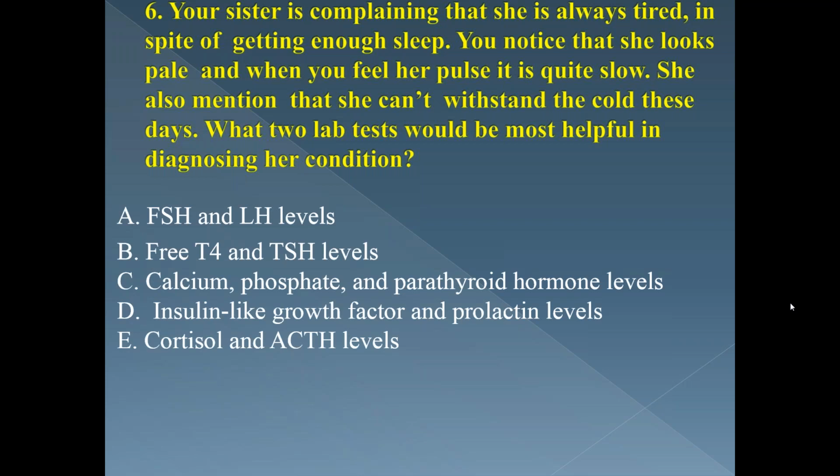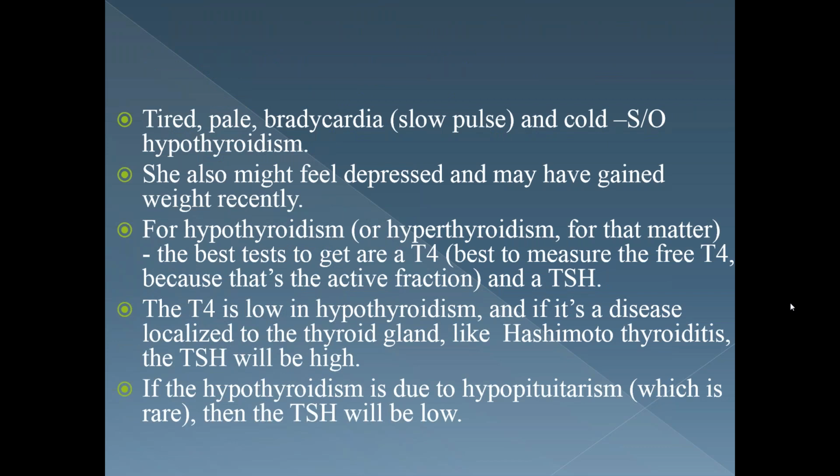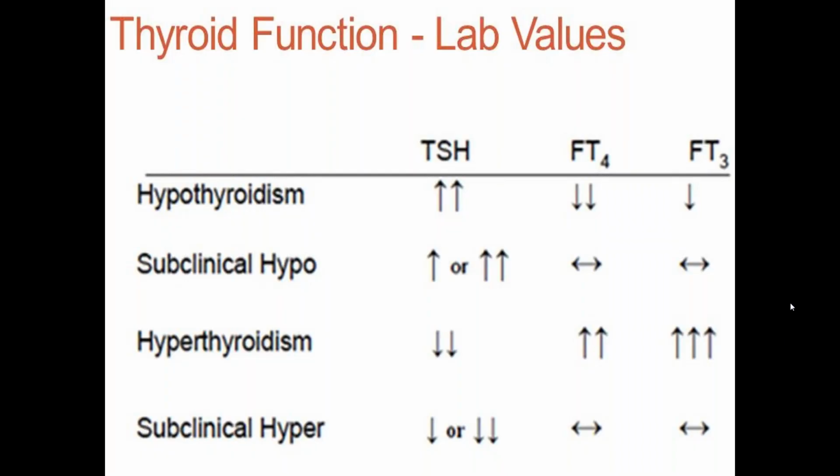A, FSH and LH levels, B, free T4 and TSH levels, C, calcium, phosphate and parathyroid hormone levels, D, insulin-like growth factor and prolactin levels, E, cortisol and ACTH levels. And the correct answer would be B, because this is a case of hypothyroidism. The rationale is discussed in these 2 slides.